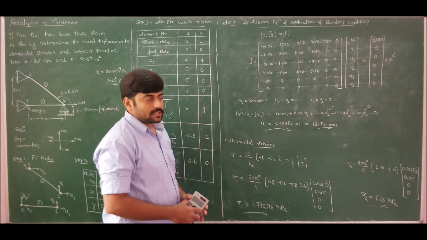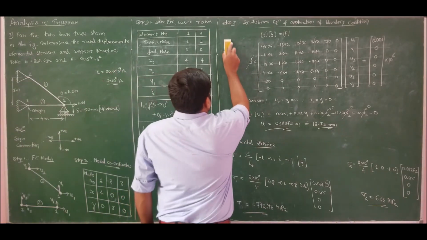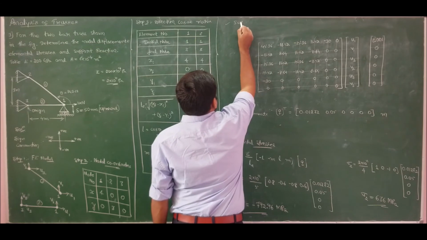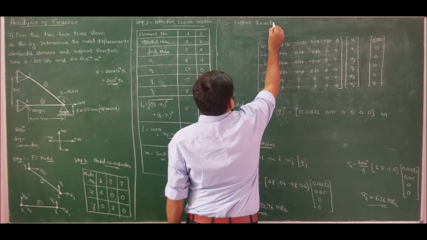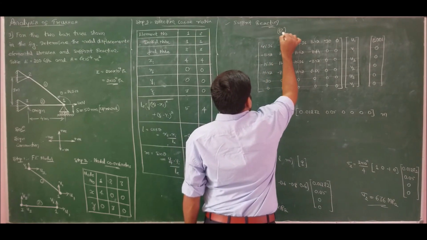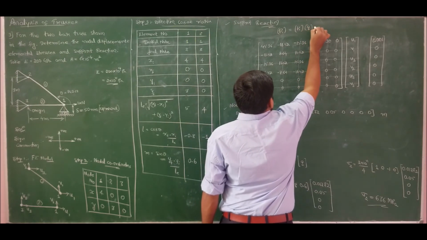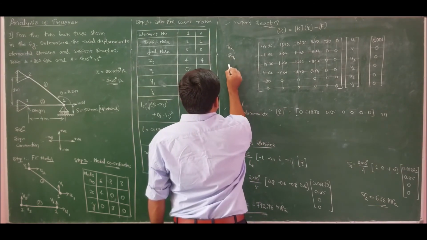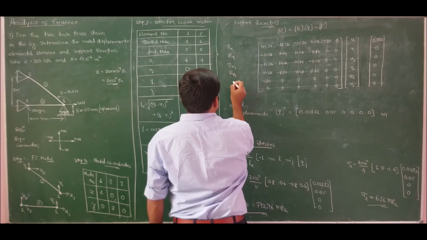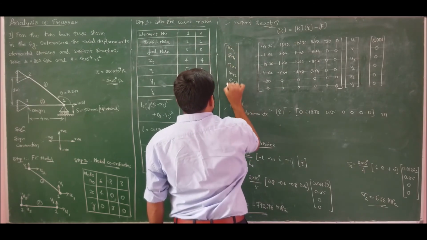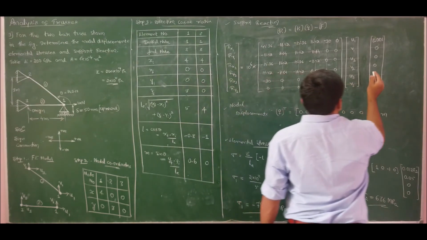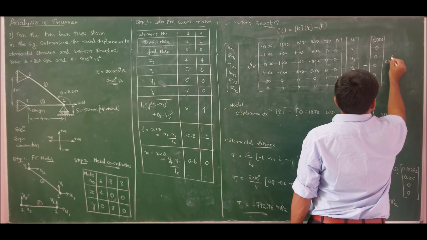Now we want to calculate the support reaction. Moving to support reaction, the formula is: R matrix is equal to K matrix into Q matrix minus F. That is Rx1, Ry1, Rx2, Ry2, Rx3 and Ry3 is equal to 10 to the power of 6, which is common and has been taken out, times the K matrix into Q minus F. The F matrix is also multiplied with 10 to the power of 6.